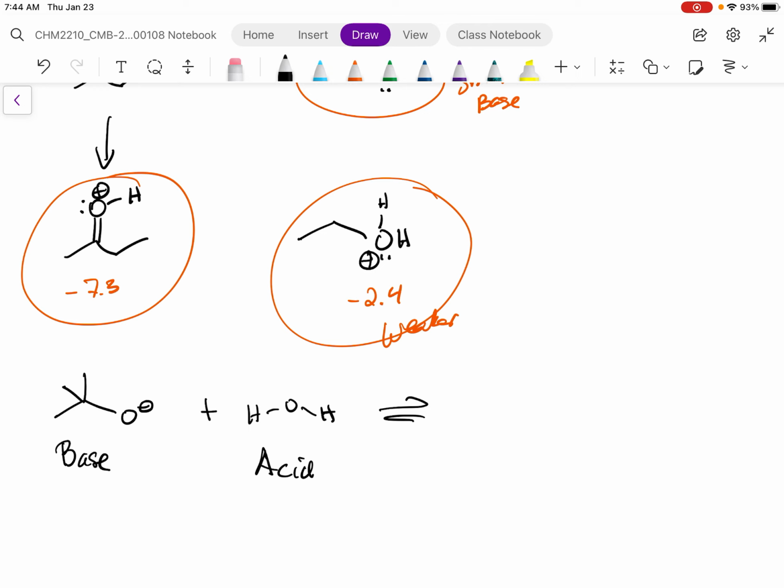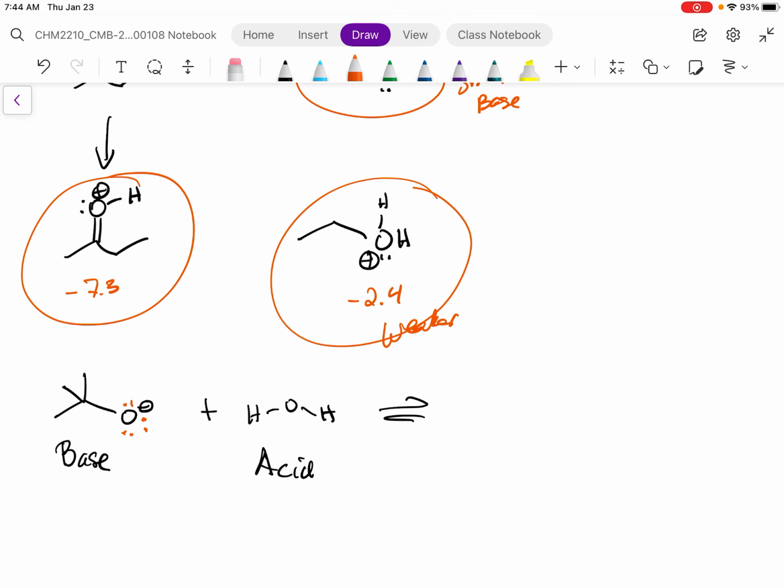But either way, in this particular situation, water will act as the acid, and the tert-butoxide right there will act as the base. So mechanistically, how does that work? The acid has to donate its proton. Give it up. But how it does that is very, very important.